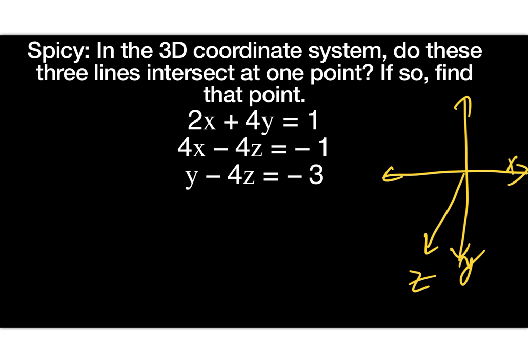So if you're going to use the substitution method, which you could, take this bottom equation and make it y equals 4z minus 3. I just added 4z to both sides. I could then take this and put it up here for the y, so I'd have x and z.